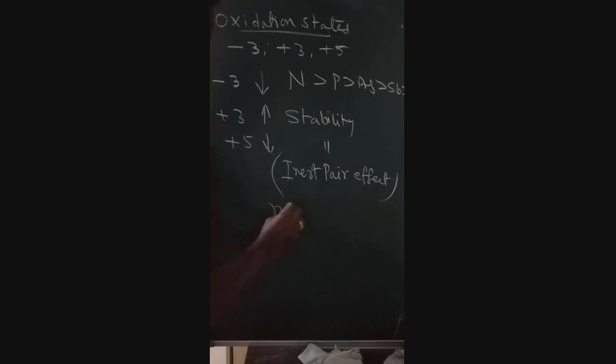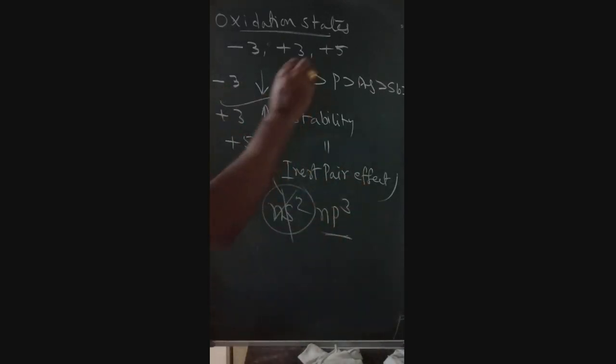You know the general electronic configuration of this group is ns2 np3. That means the outer shell ns electrons are reluctant for bond formation, and only these 3 electrons are ready for bond formation. That is why +3 stability increases, but +5 stability decreases down the group due to the inert pair effect.